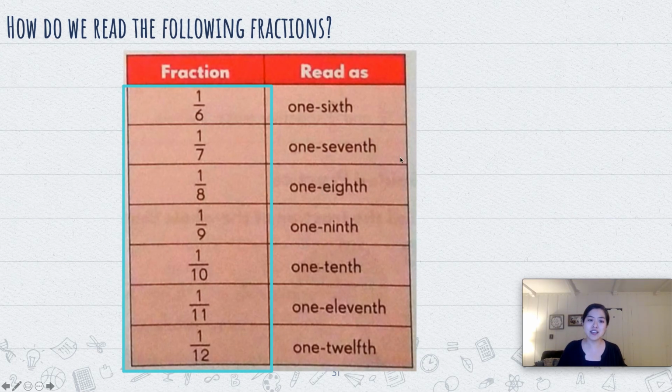Now, look at these fractions in this blue box. These fractions are also called unit fractions. The reason they're called unit fractions is, what do they all have in common? Well, the top number is all the same. It's all 1. Whenever the top number of a fraction is 1, it's called a unit fraction.